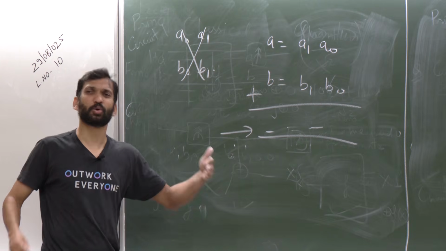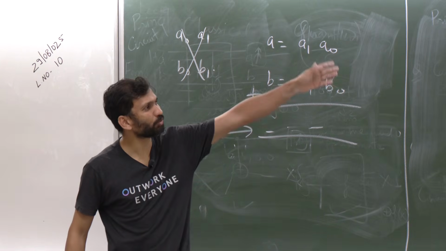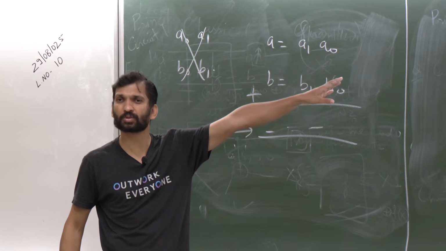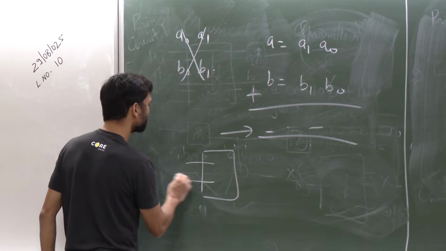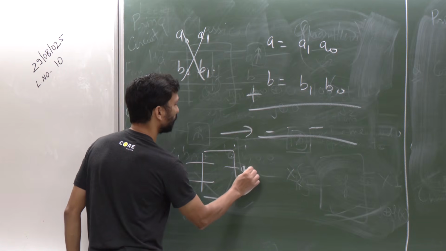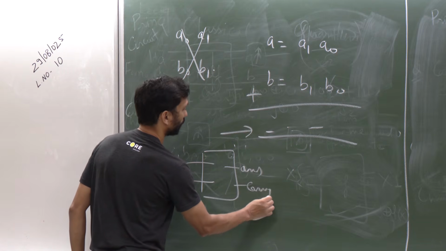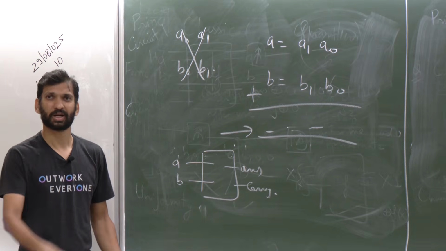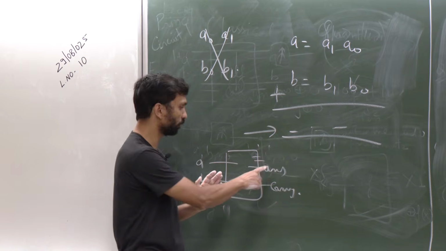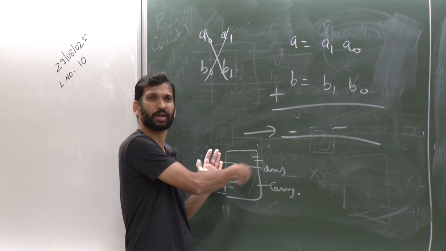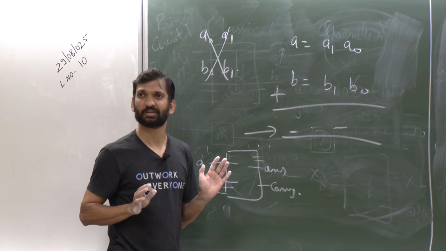Okay. Also, I will make your life easy. You don't have to write 4 inputs and 4 outputs. We can ignore the A, B's. So you can say answer, carry. Actually, there will be 2 here, but you will only be using these. That's why you don't have to draw these extra wires.